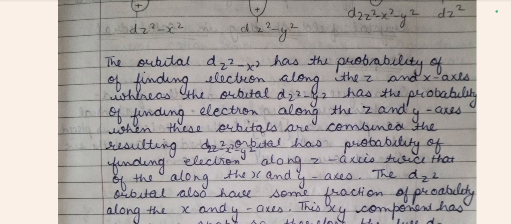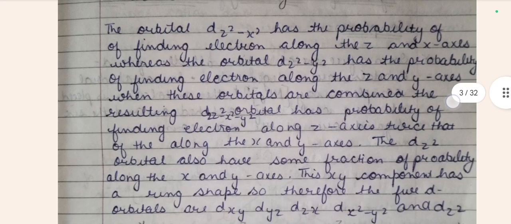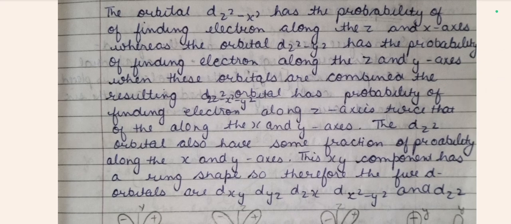When these orbitals are combined, the resulting dz² orbital has a probability of finding the electron along the z axis twice that along the x and y axes. The dz² orbital also has some fraction of probability along the x and y axes.